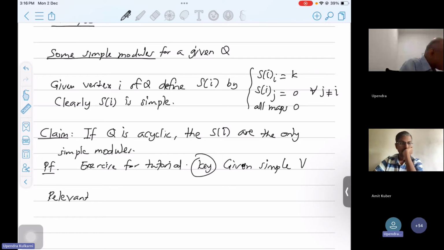That means for this V, somehow I should be able to locate a magic vertex. How am I going to look at this V, which could potentially be in many different places, and somehow pick a magic vertex out of that? This is the thing that we have to solve.